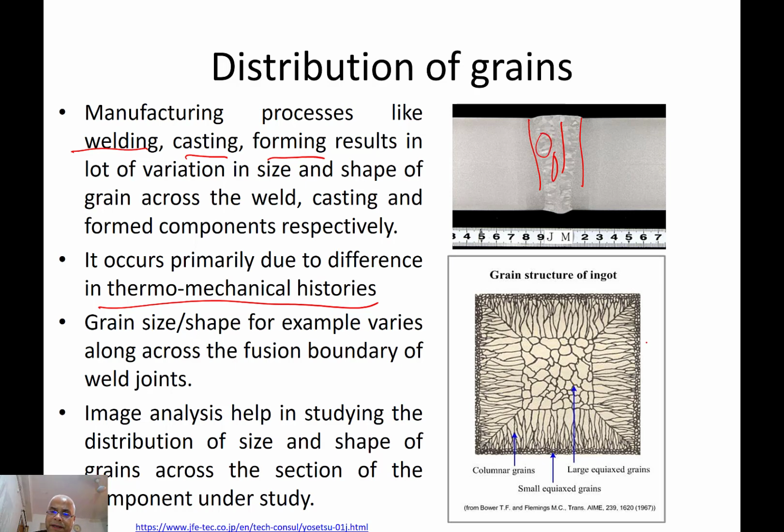Similarly, here we can see fine equiaxed grains at the skin of the cast components, then the columnar dendritic grains, then the equiaxed grains at the center.